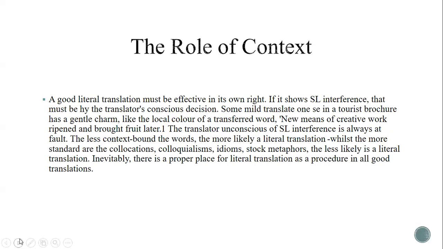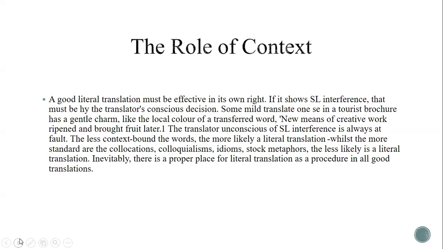Some might translate one scene in a tourist brochure as having a gentle charm, like the local color of the transferred word. New means of creative work ripened and brought fruit later. The translator unconscious of source language interference is always at fault.